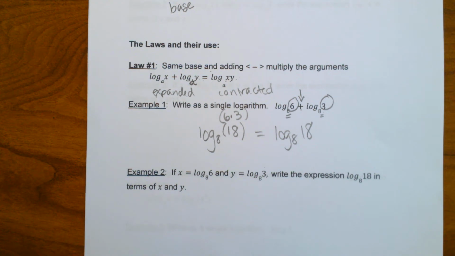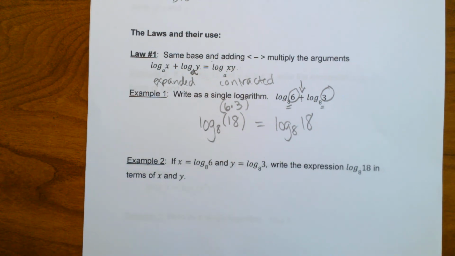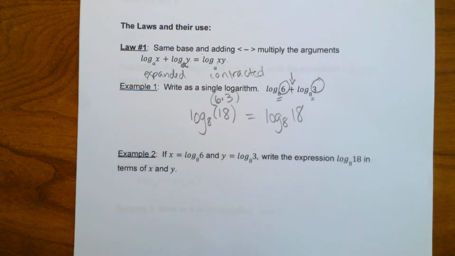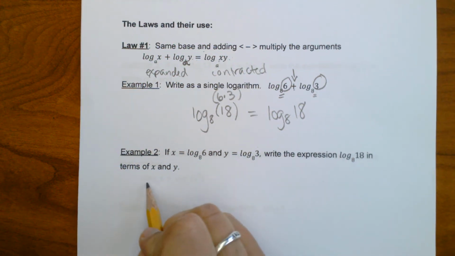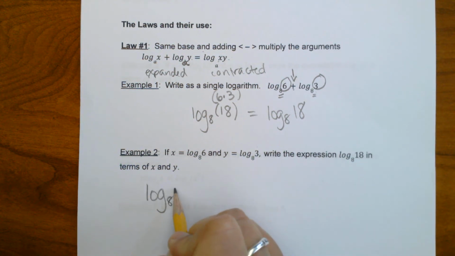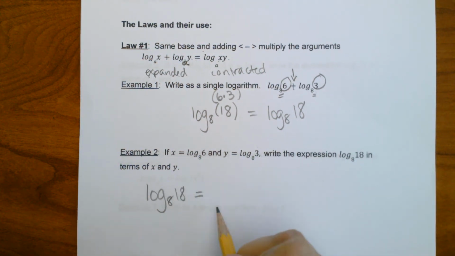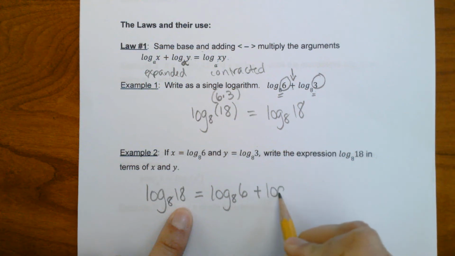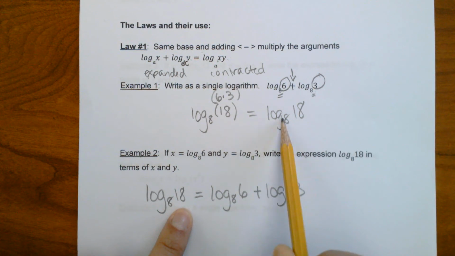Example number 2. If x equals log base 8 of 6 and y equals log base 8 of 3, write the expression log base 8 of 18 in terms of x and y. So first, let's write out log base 8 of 18. Well, what did we do to get this 18? We took log base 8 of 6 and we added log base 8 of 3, which is what we did here.